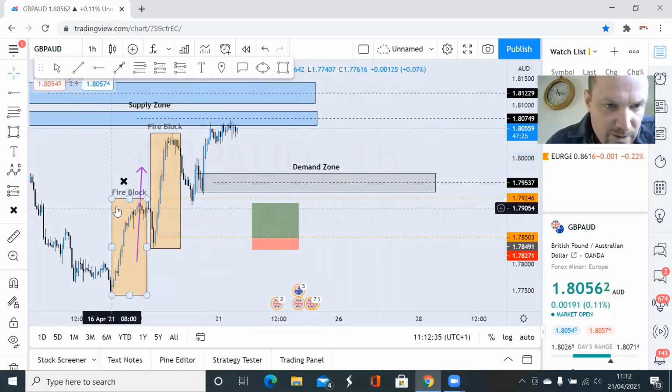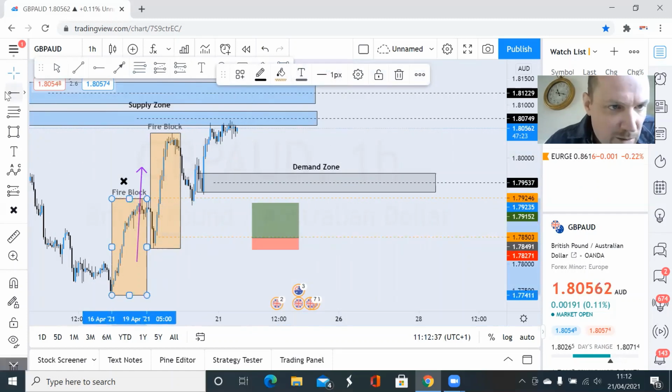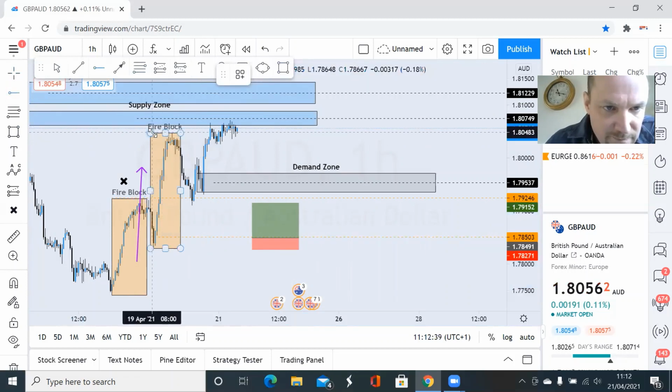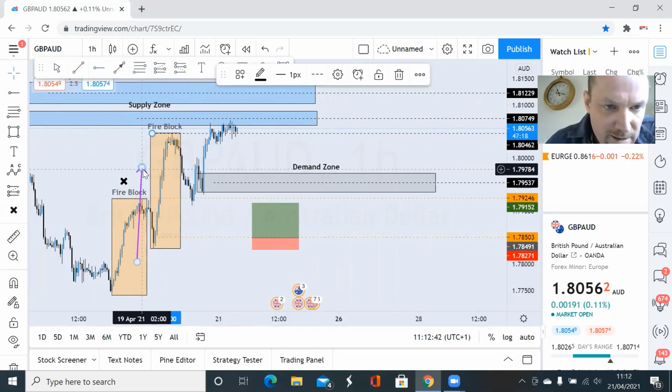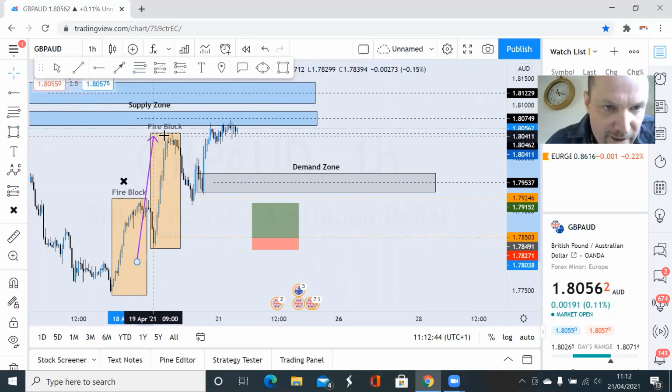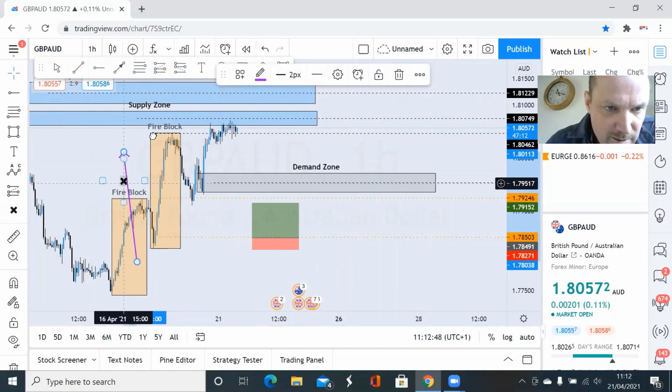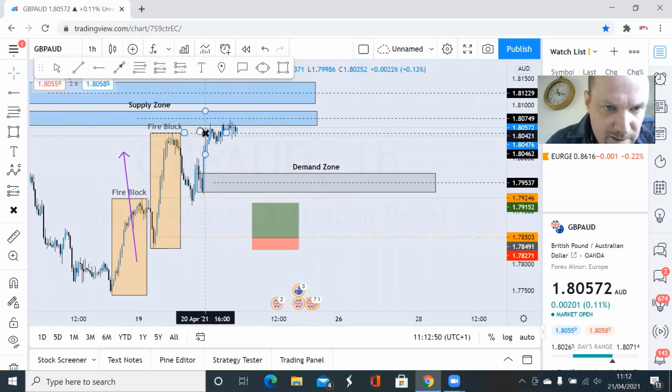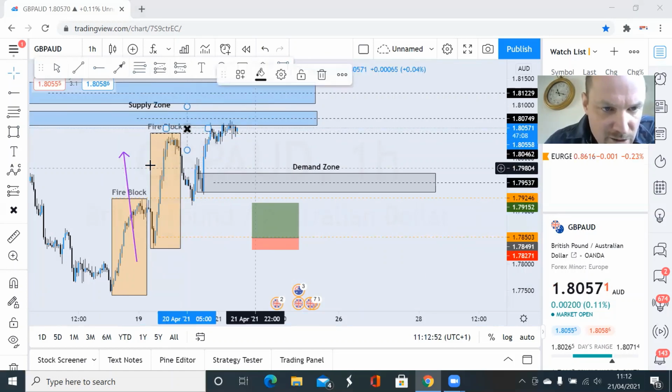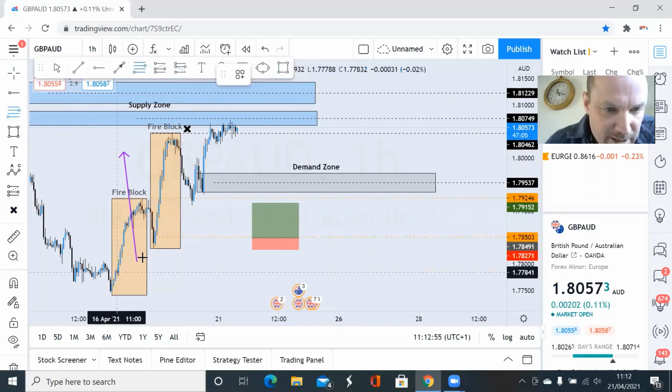Just don't want to confuse things. So we've officially broken out of that one because we've structurally broke it. Okay, so again, if we just move that up to here. So I'm looking for 50% of this block.